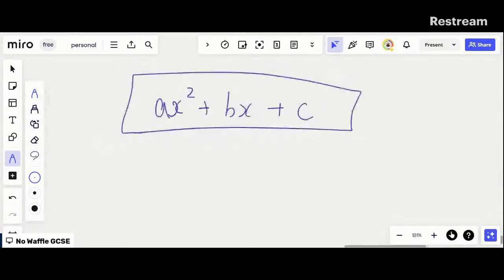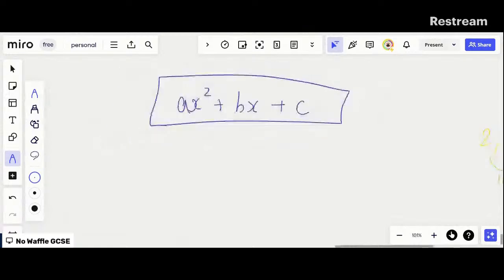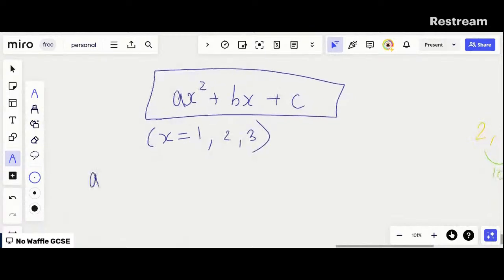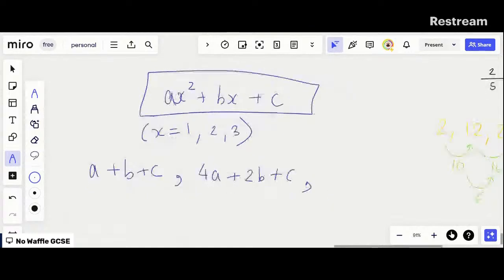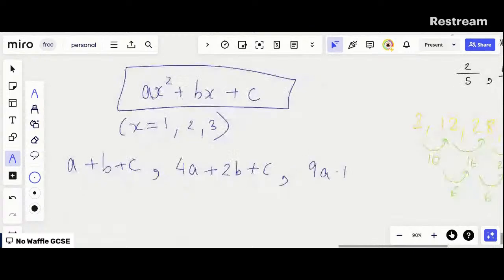So if you look at the first three terms, i.e. when x is equal to 1, 2, and 3, your first term is a plus b plus c. Your second term, you've got 2 squared, so 4a, plus 2b plus c. And your third term is 9a plus 3b plus c.